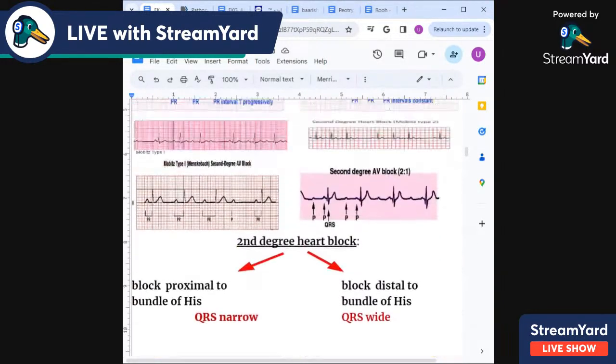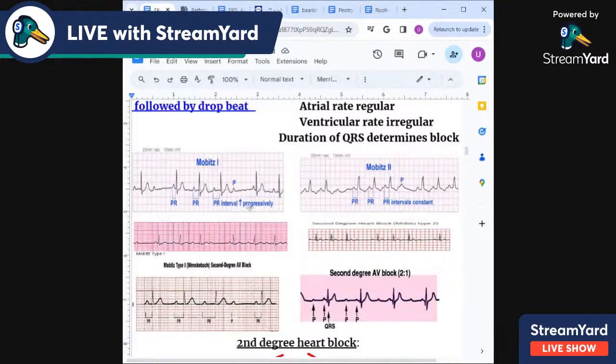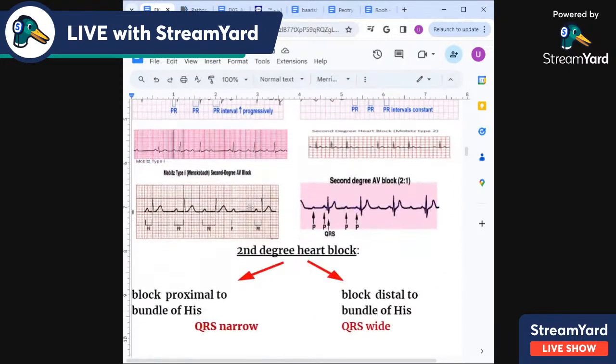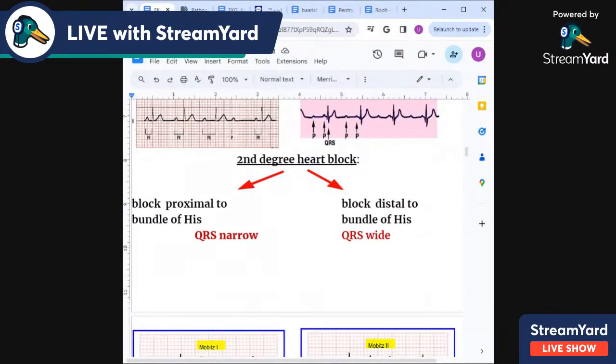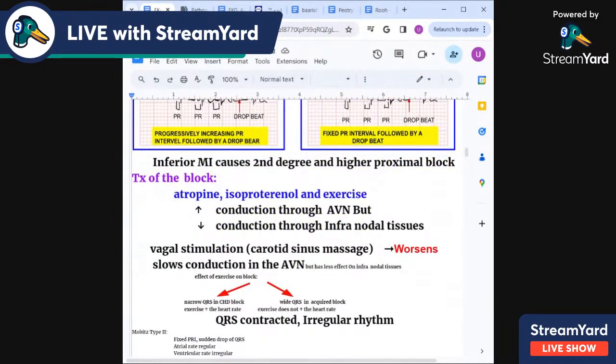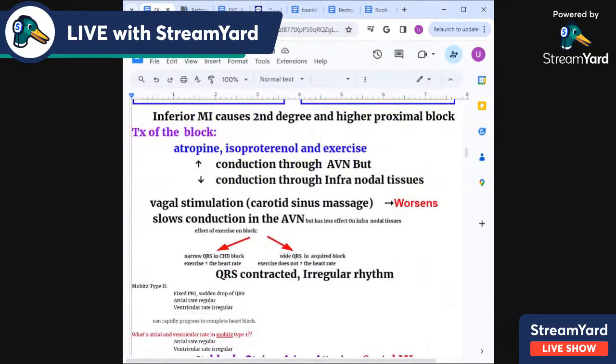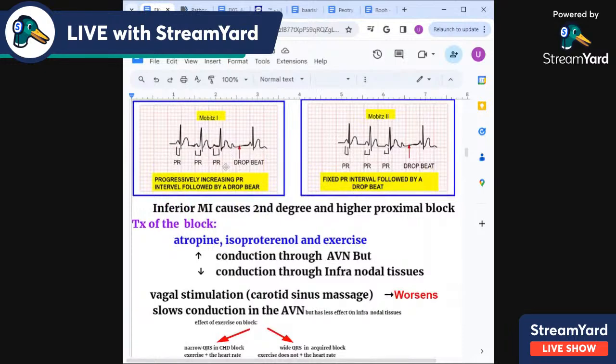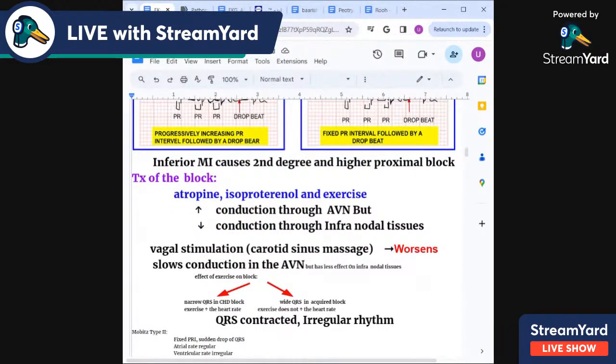So second degree heart block may also cause a wide complex QRS. If the block is proximal to the bundle of His, then the QRS will be narrow, whereas if the block is distal, then the QRS will be wide. This is the second degree heart block that occurs in inferior MI and causes second degree and higher proximal block. Inferior MI causes block and bradycardia.